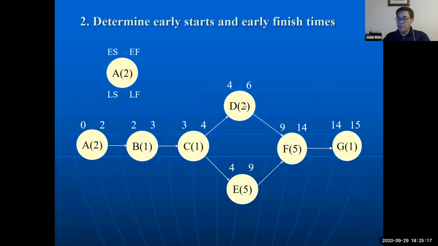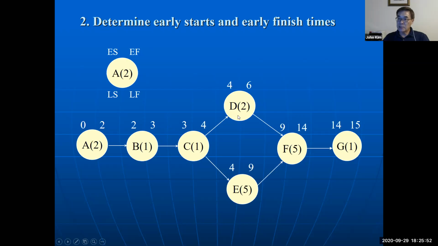And then early start time and early finish time. A is the starting point, so start 0 and then finish at week 2 because A needed 2 weeks. After A finishes, B starts right away. Then 2 plus 1 is 3, 3 plus 1, 4, 4 plus 2, 6, 4 plus 5, 9.